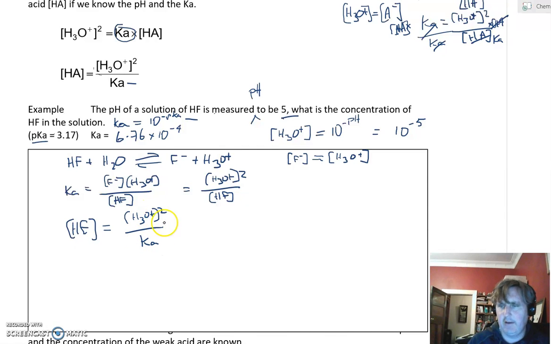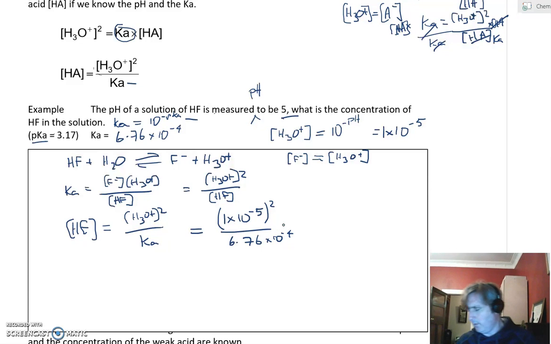So we put these values in here that I worked out above. So we have 1 times 10 to the negative 5. Sorry, see up here, I should have put 1 times. And we square that, because that's the concentration of H3O plus. We put it over our Ka, which is 6.76 times 10 to the negative 4. And I'll work out what that answer is.